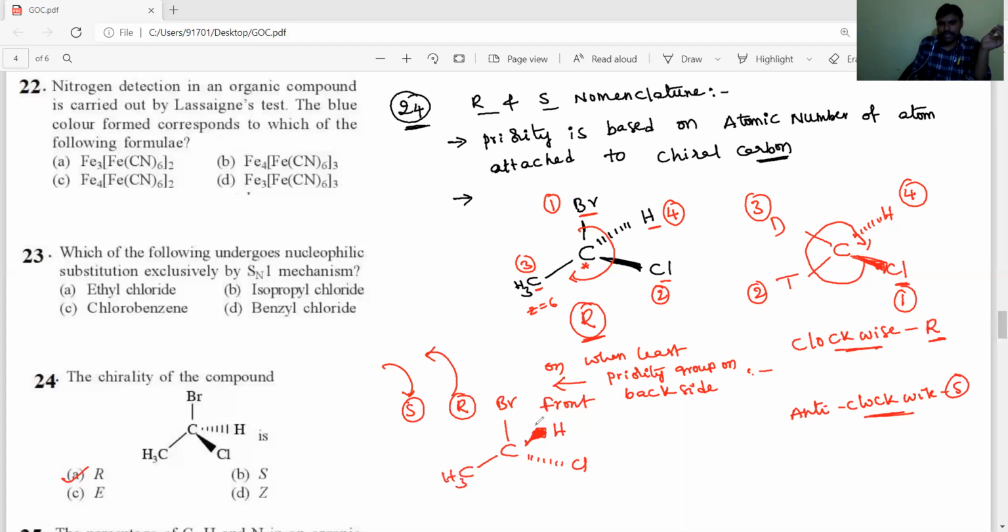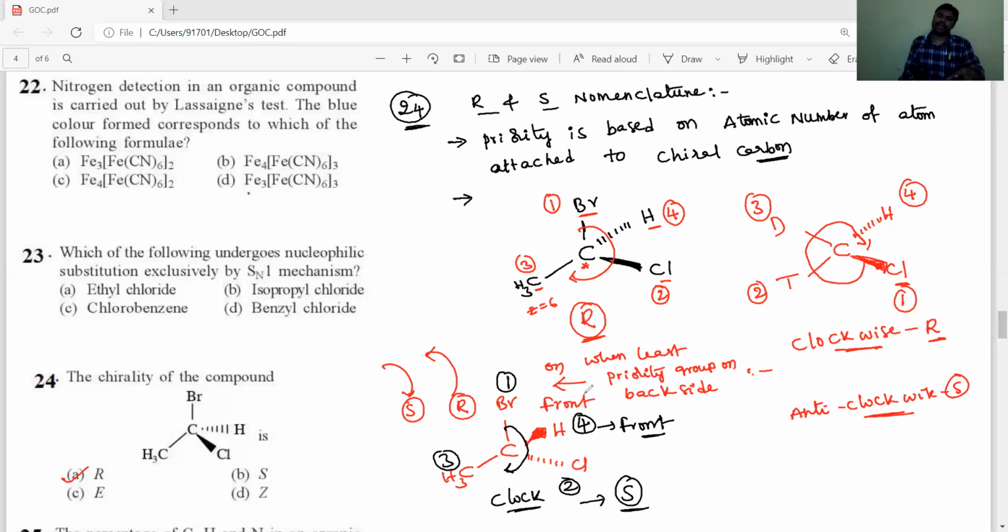Now the priorities, we know that this is 1, 2 and 3, and this is 4. The fourth one, the least priority group, is on the front side carbon. That is why it is reversed: this is in a clockwise direction, so it is S configuration, not R. If anti-clockwise, then R configuration will come.